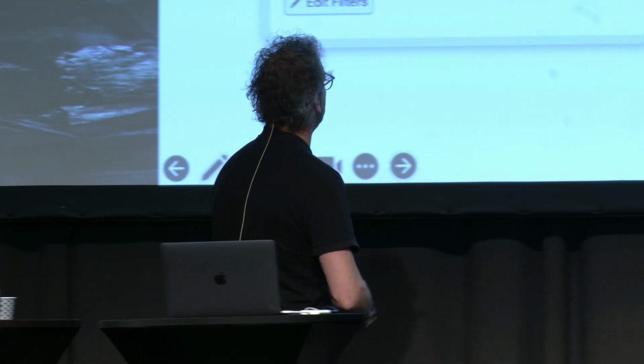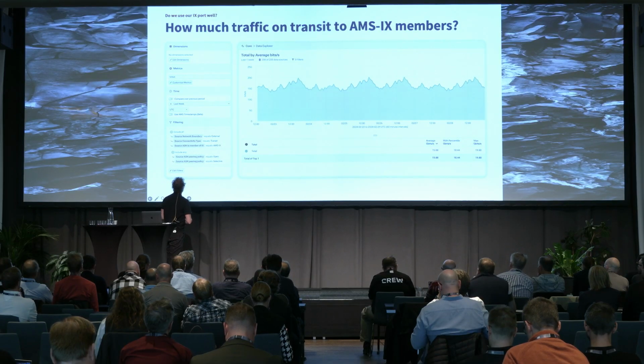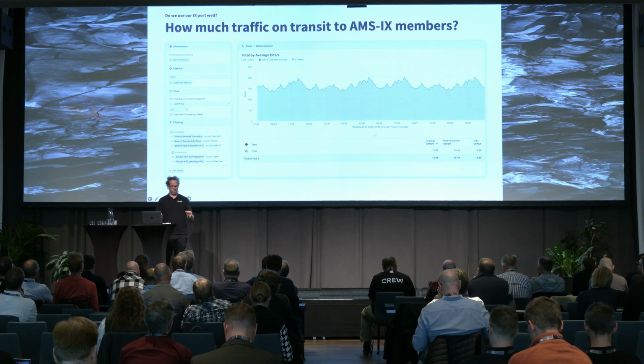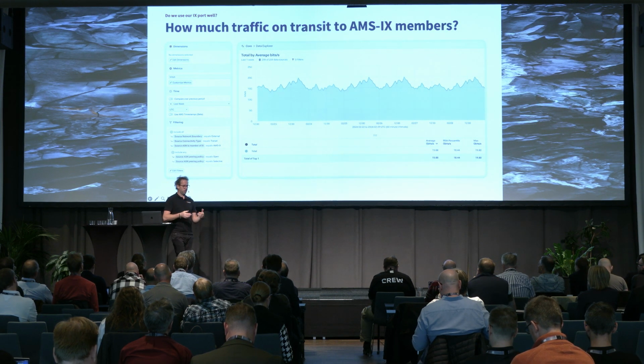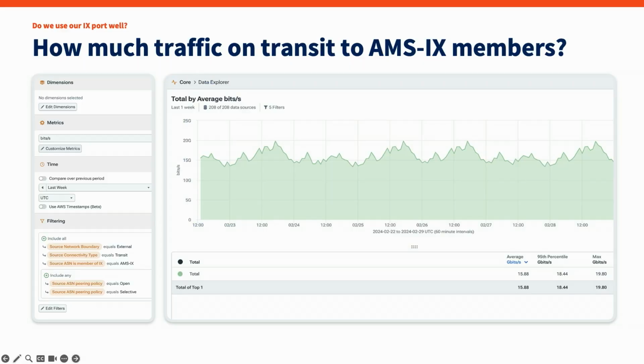It has to come in over transit, and because we're investigating how much traffic we will have on this certain exchange, we also use an integration from PeeringDB where we say this network has to be connected to this internet exchange. So we set that up in a filter.